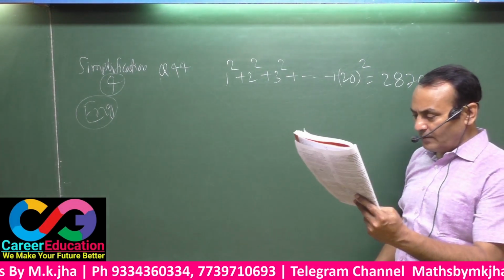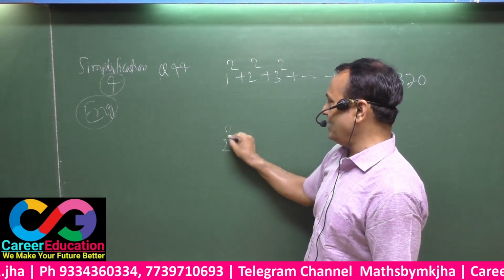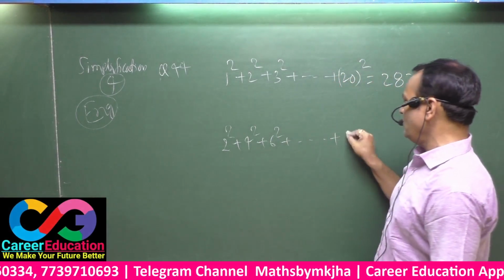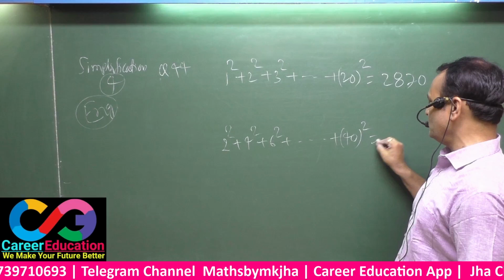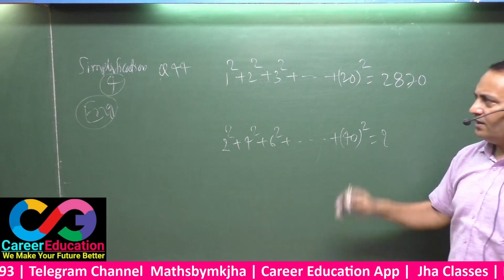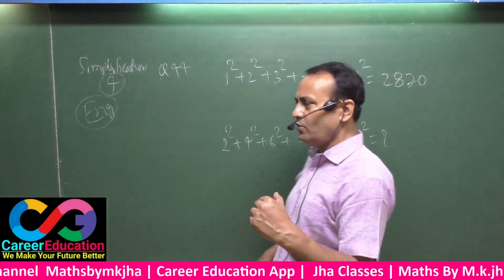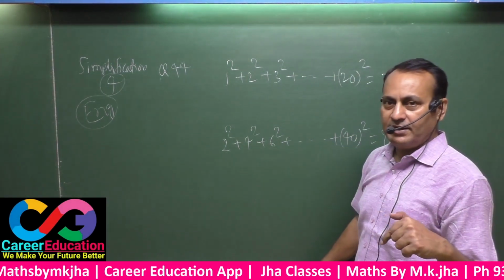And then you have to answer 2 square plus 4 square plus 6 square plus up to 40 square equals what? See here. There are 3 major formulas used by the examiners.